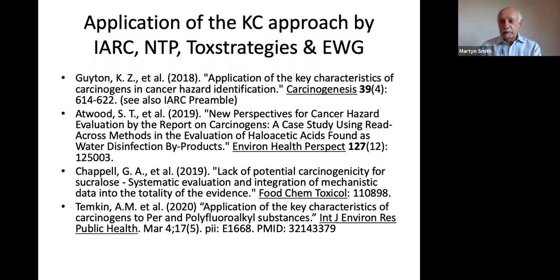And then people like the Environmental Working Group, on the other side of the spectrum, have, for example, applied them to look at PFAS in a recent publication. So they're being widely used by different groups, and certainly beginning to be more used by EPA in their evidence integration strategies.